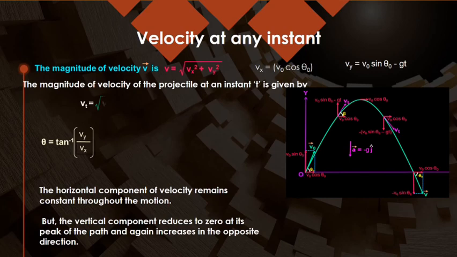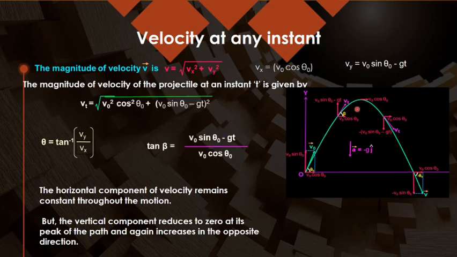If I want to find the velocity at any instant, as we have discussed the expression for the velocity, suppose I want to find it here at this position where I am putting the cursor. So v is the velocity at this instant. I can resolve it into components, v naught cos theta naught and the vertical component.